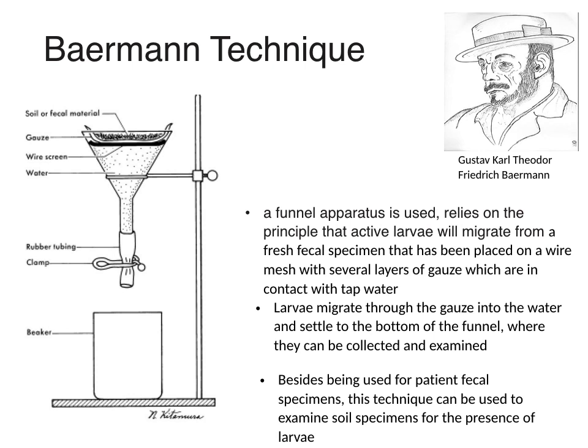The Baermann technique allows the larvae to migrate from a fresh specimen on the top here, and then move through a mesh and layers of gauze and settle down in the water, and afterwards they are collected and examined in wet smears.